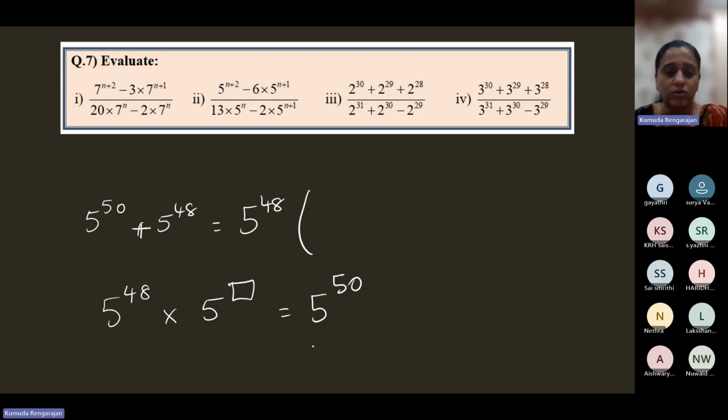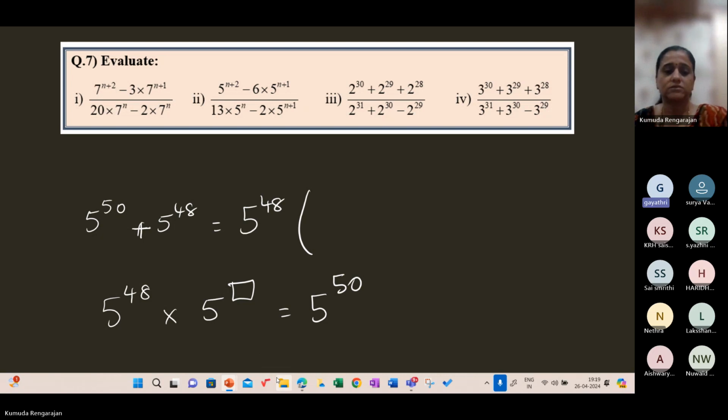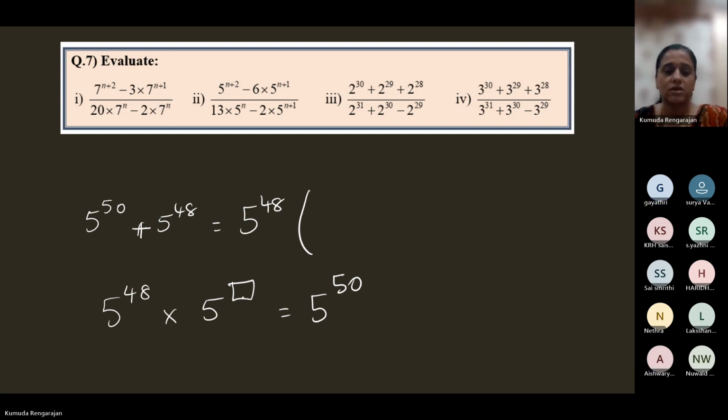You don't need this long to answer this question. 5 to the power 48 into 5 to the power what will give you 5 to the power 50? 5 to the power 2. Why? Because bases are same and it's multiplication, so you have to add the powers. 48 plus what is 50? 2. So here we have 5 to the power 2.